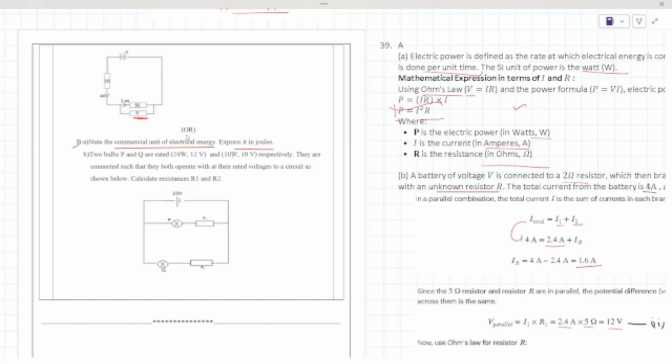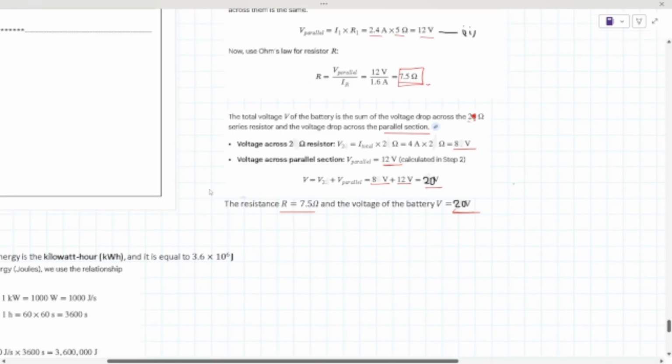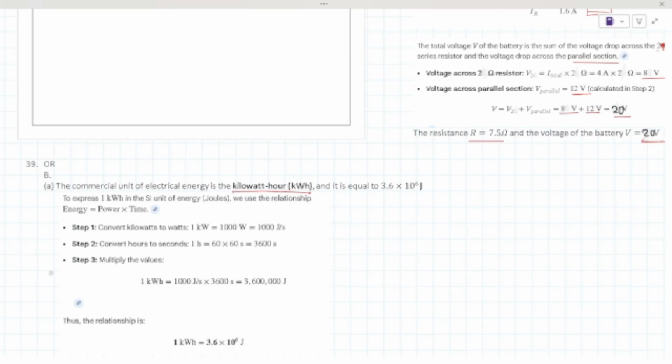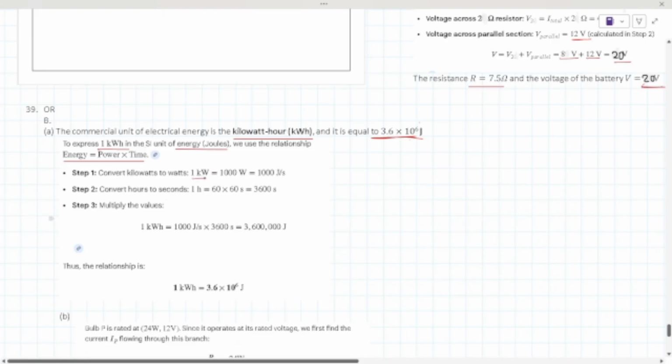I don't know the definition. Okay, no problem. Here the unit of energy is watt hour, equal to 3.6 times 10 to the power 6 joule. Now express 1 kilowatt hour. That is power into time. 1 kilowatt hour means 1000 watt for 1 hour, right?